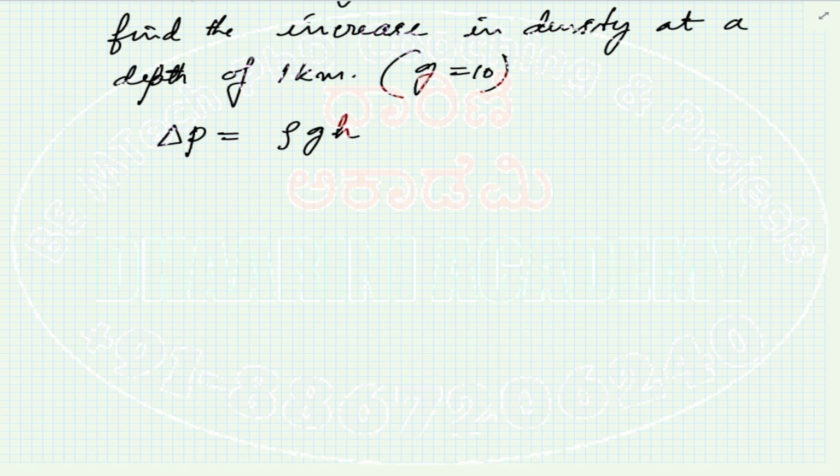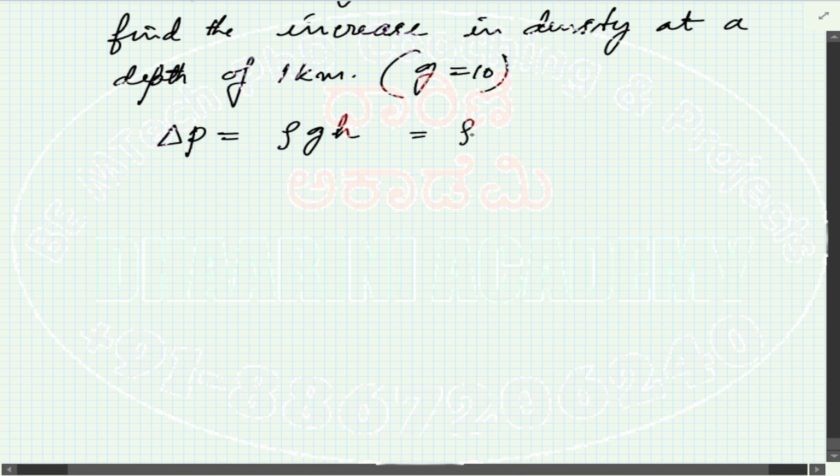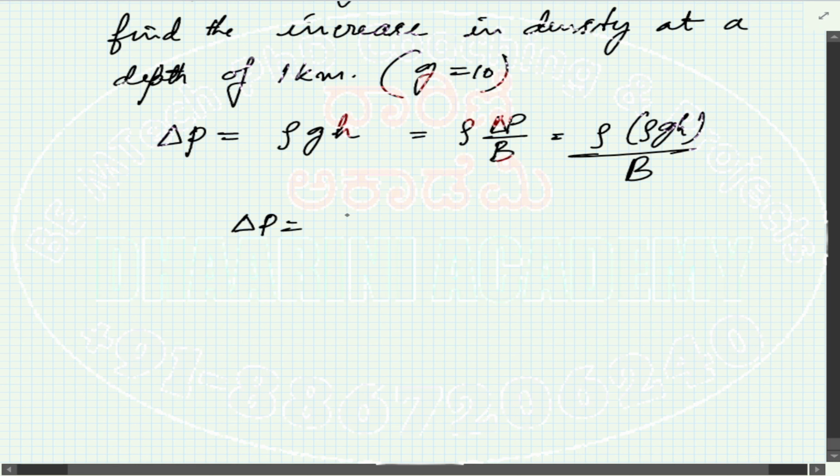Now this means delta P is equal to g into h, and what is gh? gh is nothing but once again delta P by the bulk modulus B. But delta P, I can write as rho into g into h, divided by B. So I can calculate this as rho square gh divided by B. I just have to substitute all the values.